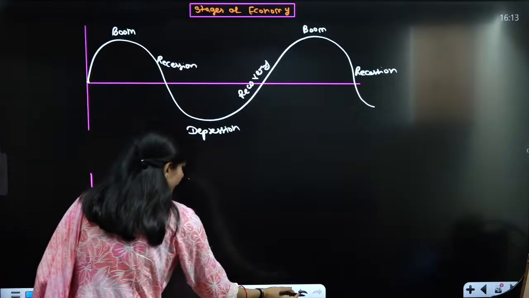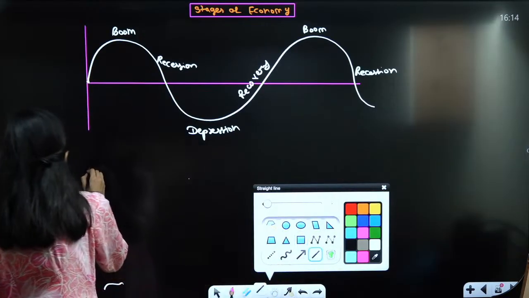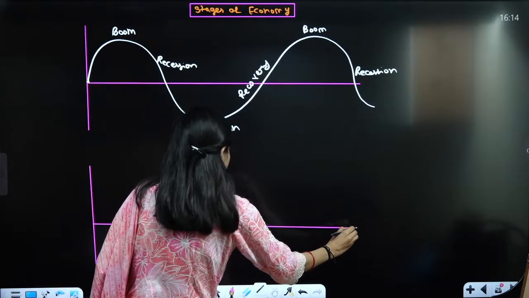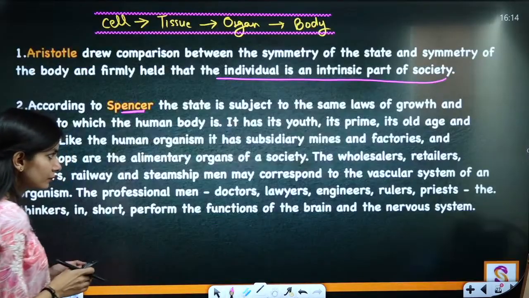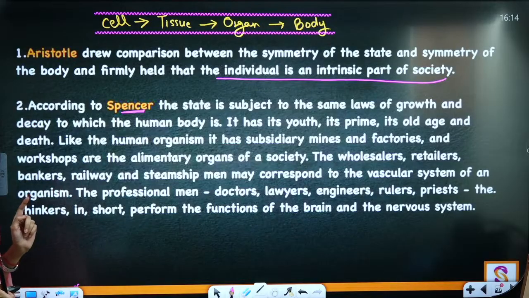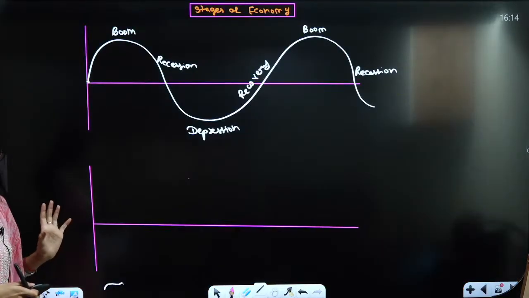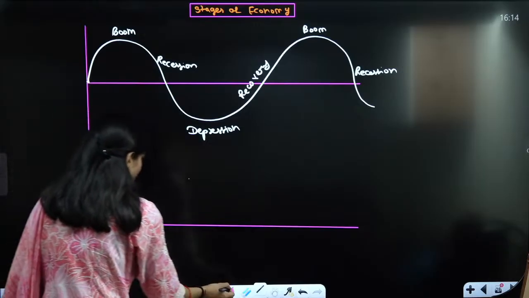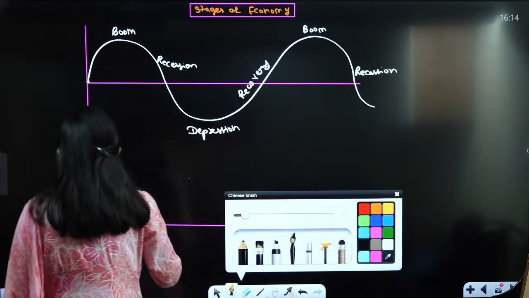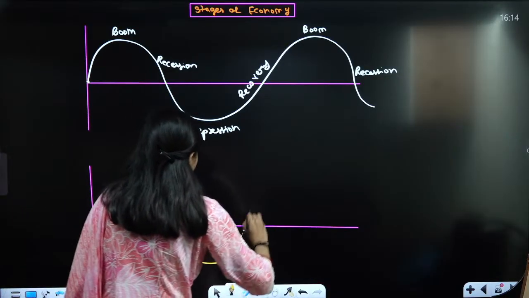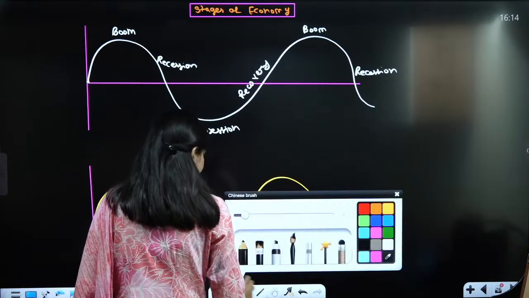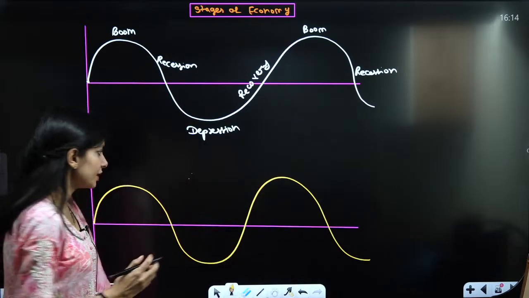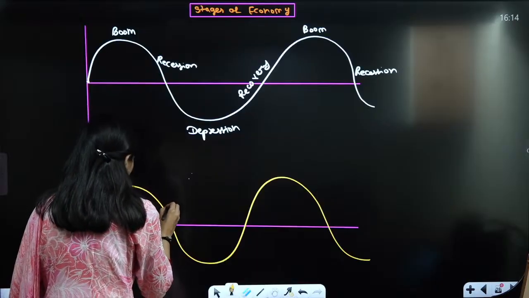Based upon these stages of economy, the same state will undergo growth, maturity, decay, and death. So the state will also feel the same. What are the kinds of stages the state is feeling? So first you will have some sort of growth.